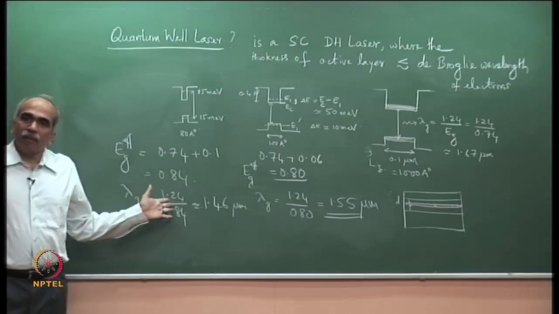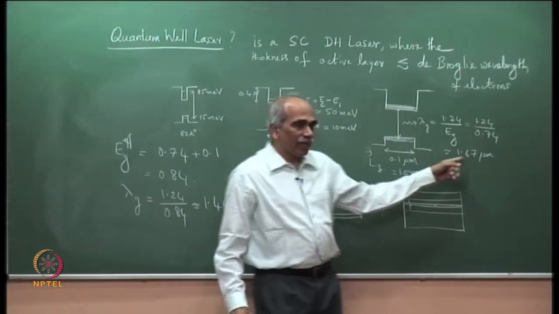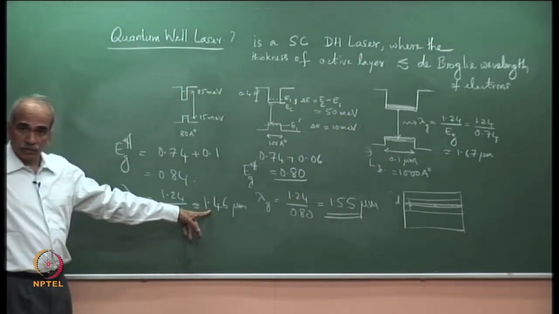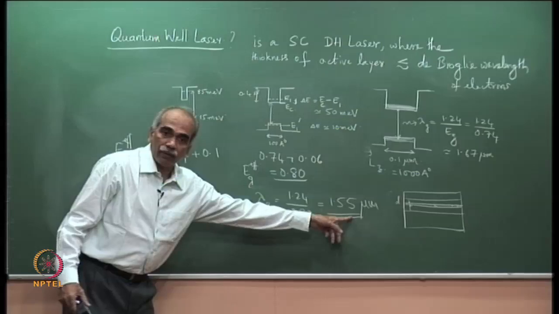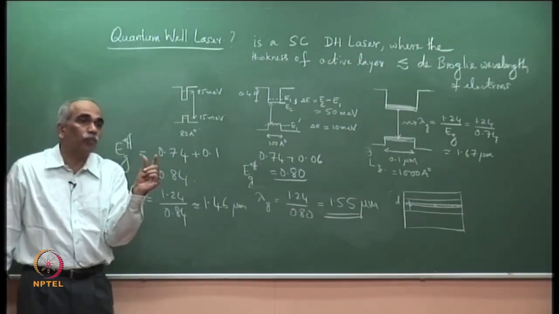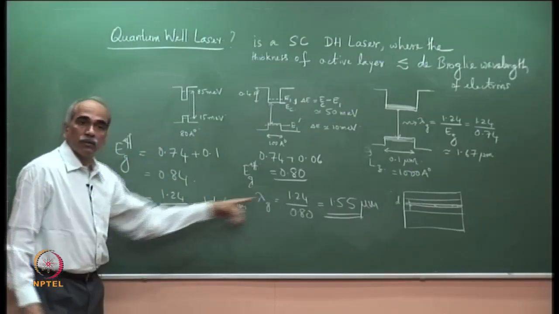So, through this example what I have illustrated is you can change the wavelength from 1.55 to 1.46 by changing from 80 angstroms to 100 angstroms. A very small change can change a lot.